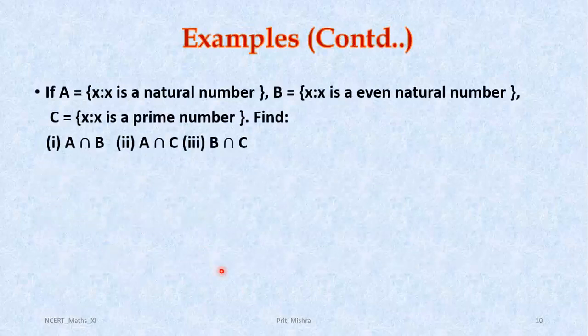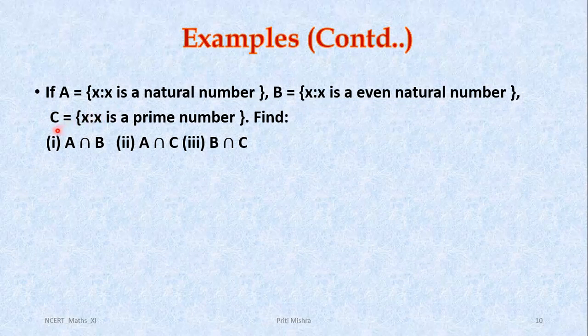Let's have another example. If set A is equal to {x such that x is a natural number}, set B is equal to {x such that x is an even natural number}, and C is the set {x such that x is a prime number}, then find A intersection B, A intersection C, and B intersection C. Intersection means we have to find the common elements.